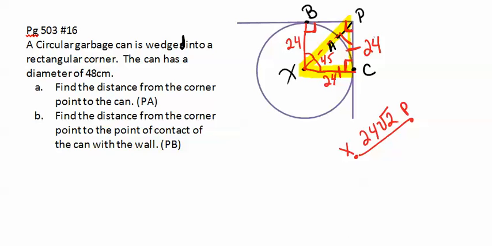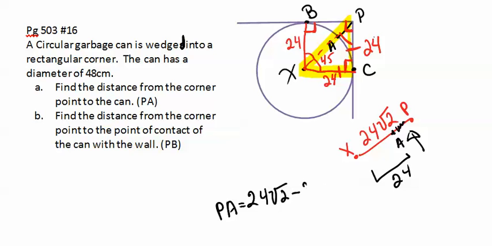But we're actually trying to find PA, which is this length in here. And since we know that the radius is 24, PA is calculated by taking the full length, 24 square root of 2, and subtracting the radius, which is 24.